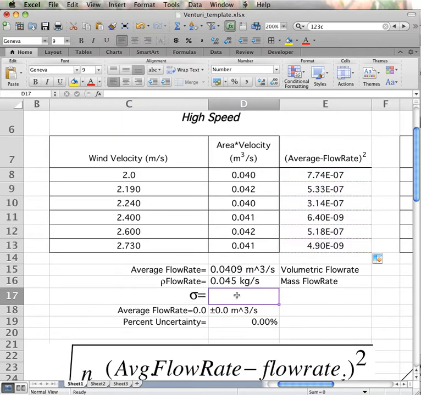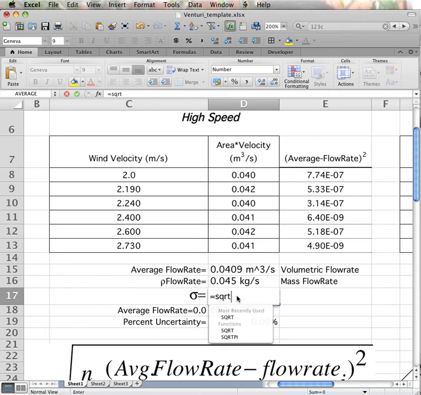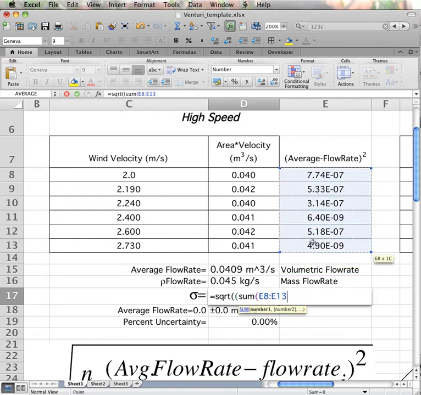And to find sigma, I say equals SQRT, the square root of, now I want to find the sum, open parentheses, of all these cells, the average minus flow rate squared. Sum all those up. Okay, and I don't know if you saw, but I started a second set of parentheses for the sum, and actually I don't need that.